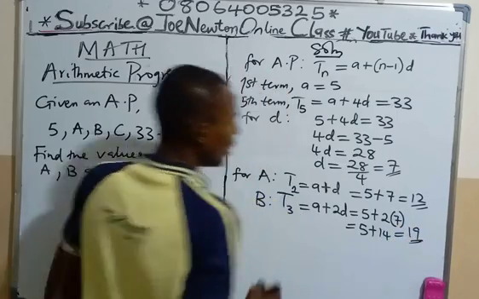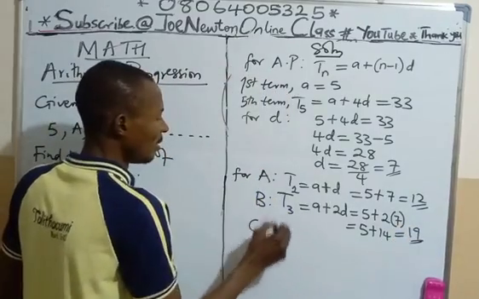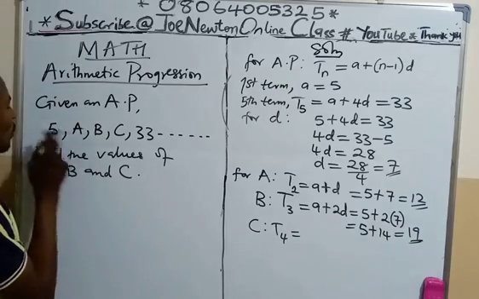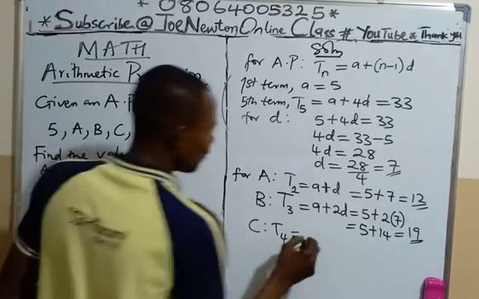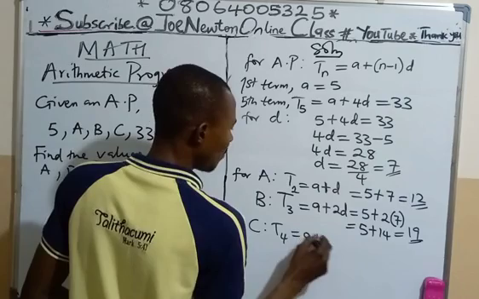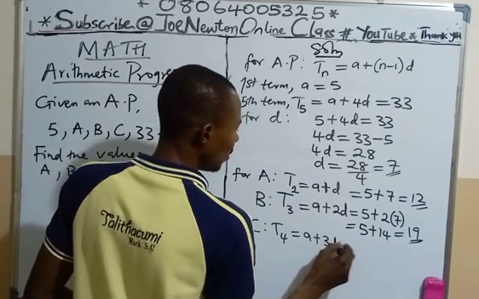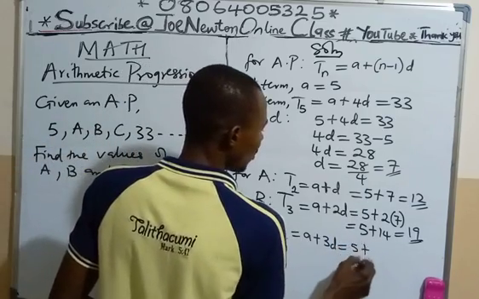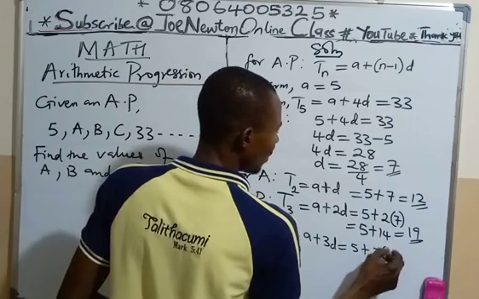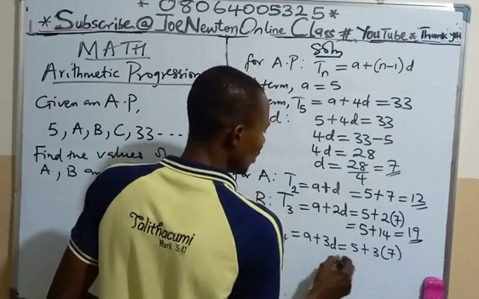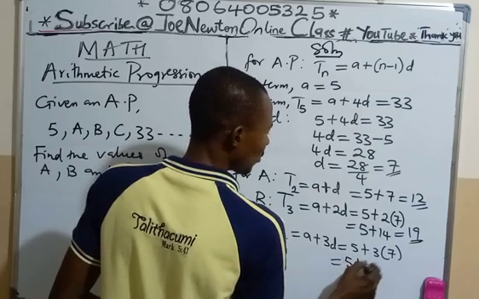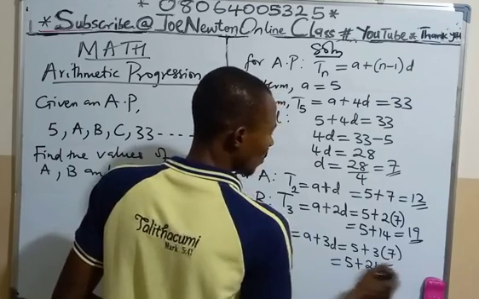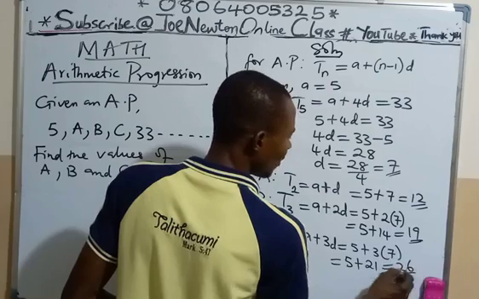That is equal to 19. Then for our C, which is T4 in the sequence, first, second, third, fourth, T4 is equal to A plus 3D, which is 5 plus 3 times 7, that is 21, which gives us 21 plus 5, 26.